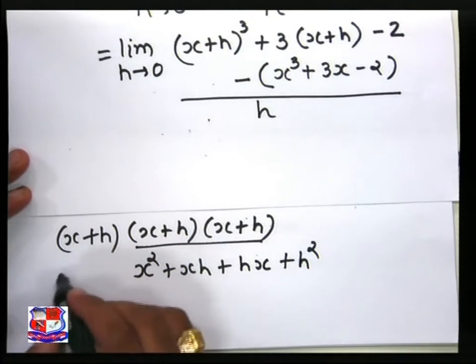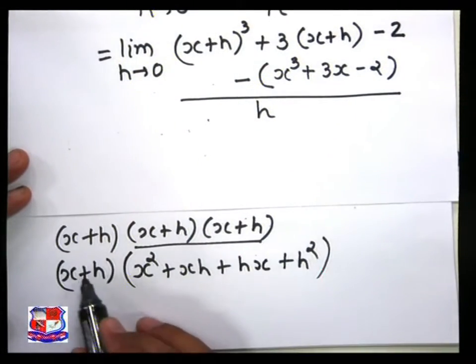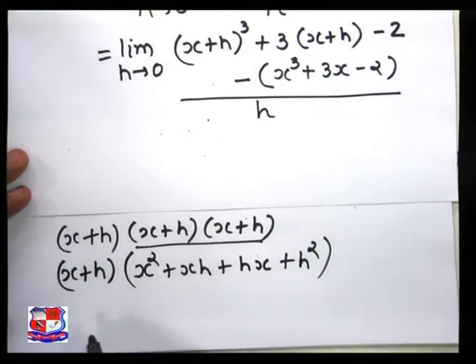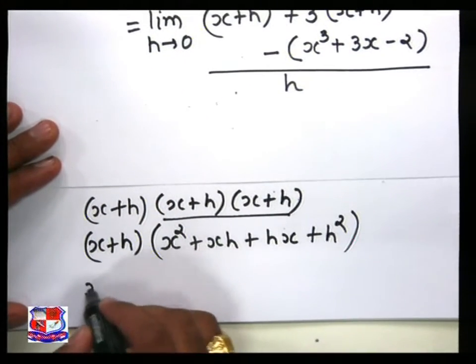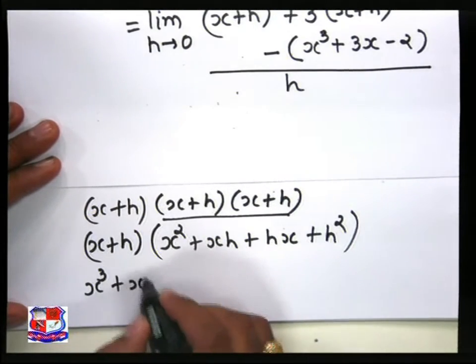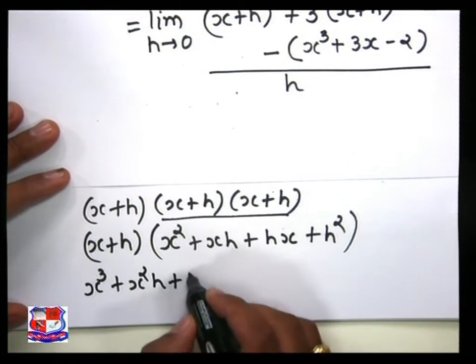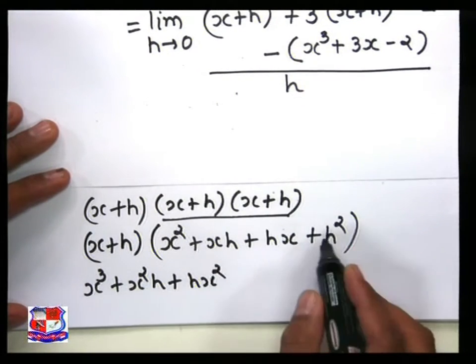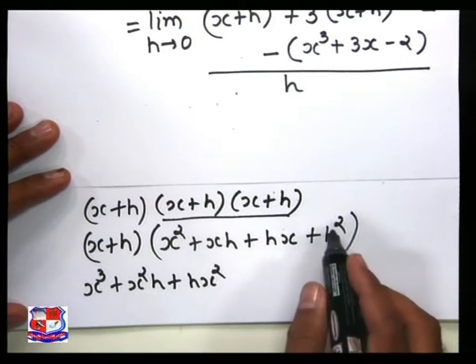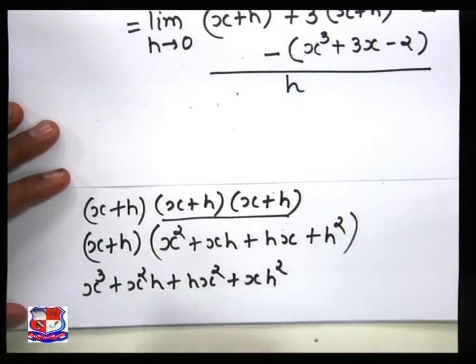Now solve with the first one. x multiplied with this one, the remaining value, that is x cube, x multiplied with xh becomes x square h, x multiplied with hx becomes hx square, x multiplied with h square becomes xh square.